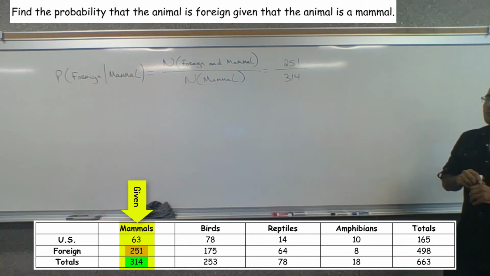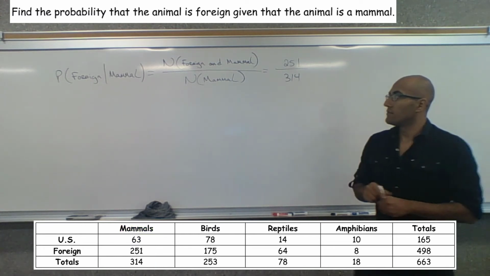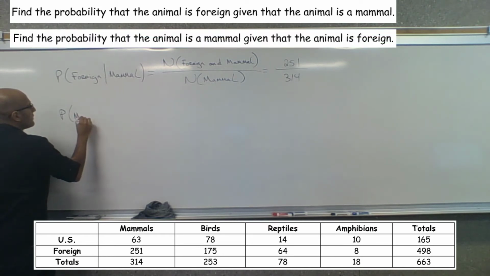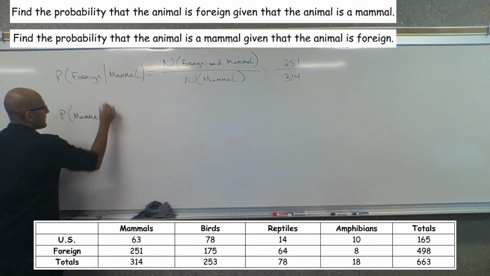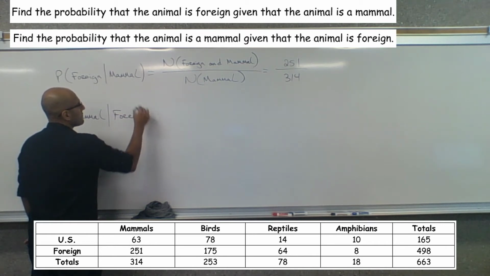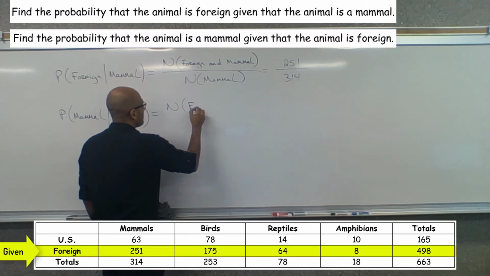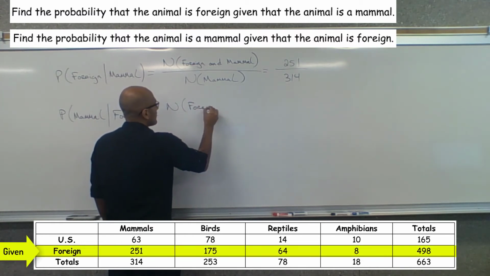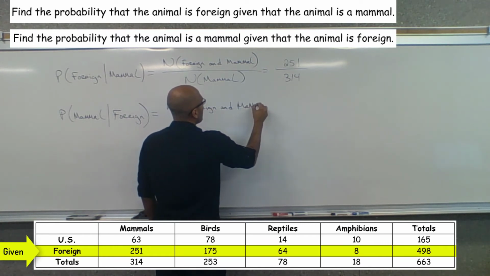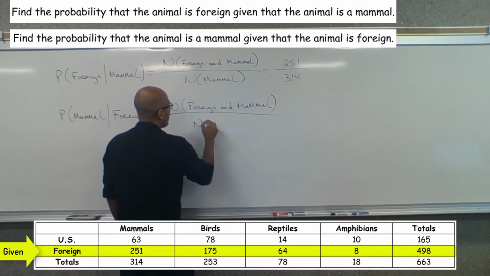Right? And if we wanted to, just for fun, we could do the other way around. Probability of a mammal, given that it's foreign, well, that's going to be equal to the number of mammal and foreign, divided by the number of foreign.